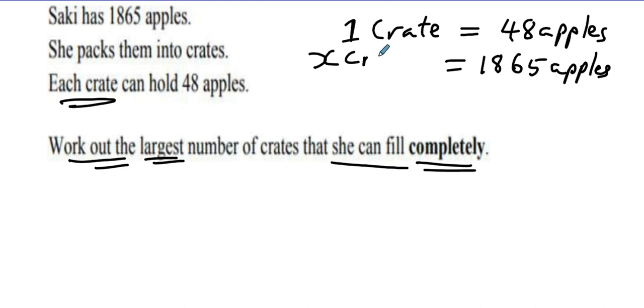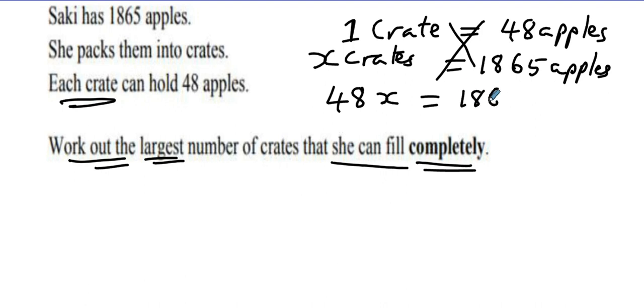So just write here X crates, then cross multiply. So cross multiply, this will be 48 times X is 48X, 1 times that will be 1865. I'm looking for how much X is. Divided by 48.